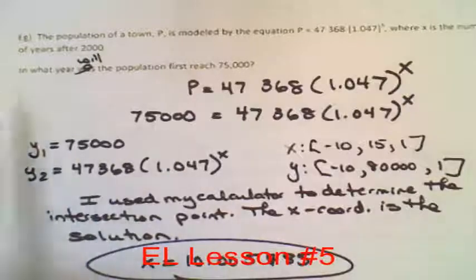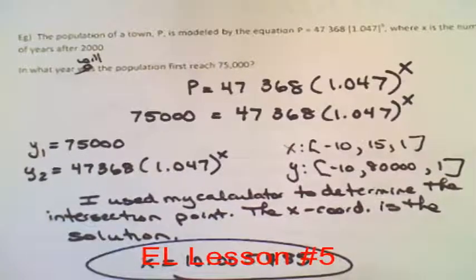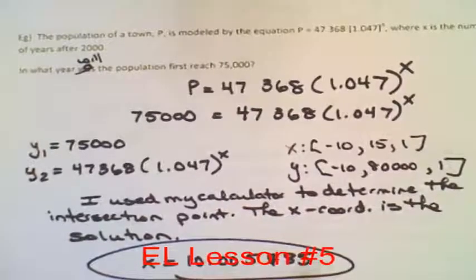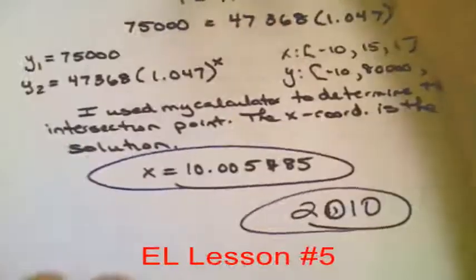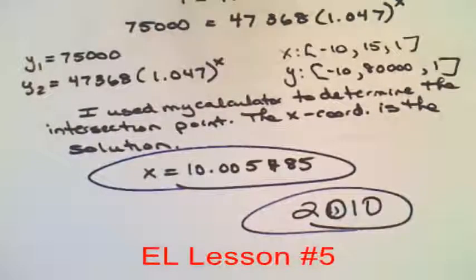From there, go back to my calculator, second trace or calc, choose 5 for intersect, enter, enter, enter, and you work it out, and it's going to be 10.005485.